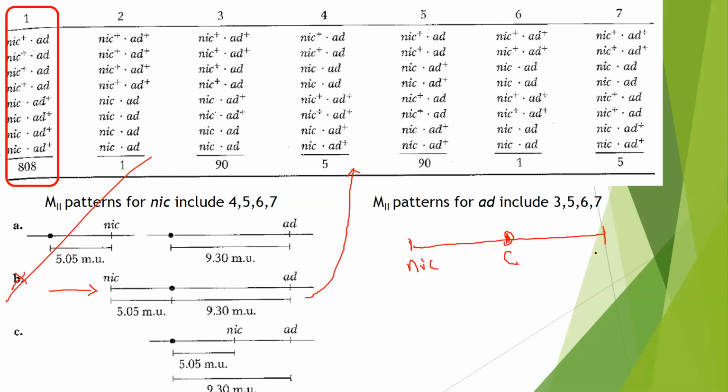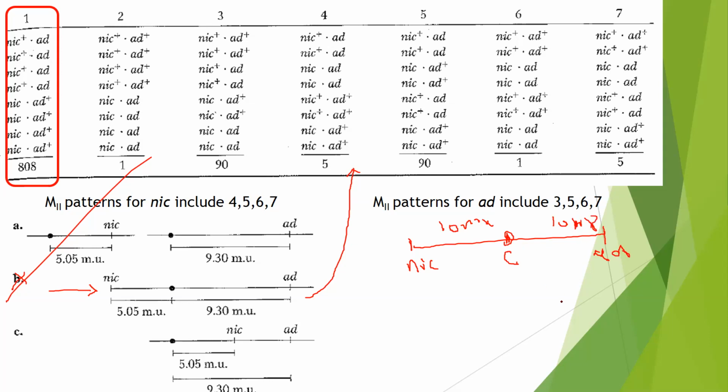Let's say there's the same distance, like 10 map units between this gene and the centromere, and another 10 map units between this gene and the centromere.